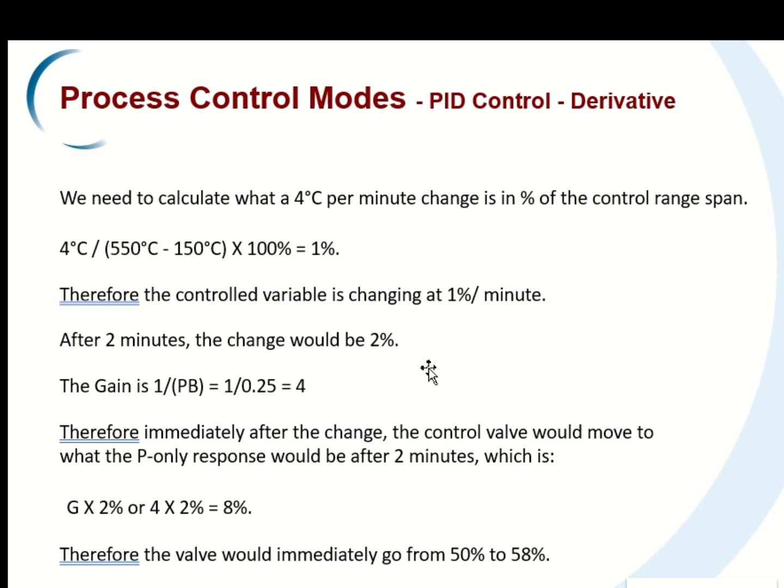The gain is 1 divided by PB, and we saw the PB value of 25%, so the gain is 4. Therefore, immediately after the change, the control valve would move to what the P only response would be after 2 minutes, which is gain times 2%, or gain was 4, so 8%. Therefore, the valve would immediately go from 50 to 58%. So we have to add. Hope this is clear.